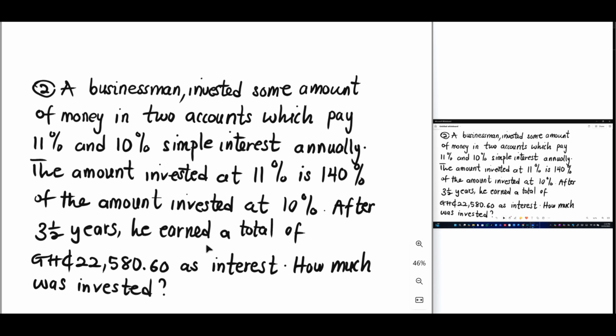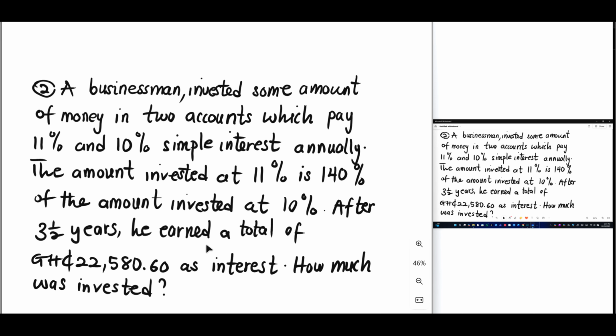It was invested for 3.5 years and it earned a total interest of 22,580 Ghana cedis and 60 pesewas. So we want to know the amount of money that the businessman has invested.